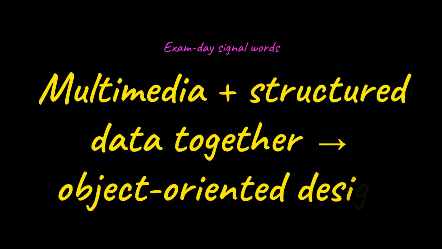When an exam stem describes rich multimedia content, images, audio, video, stored alongside structured data as part of a clinical record, that is pointing at an object-oriented database. The design judgment is simple. If the data is fundamentally object-like rather than tabular, the object-oriented model fits.